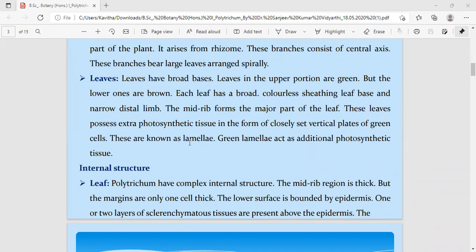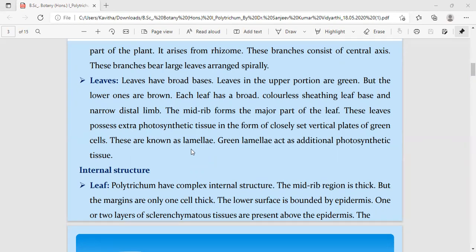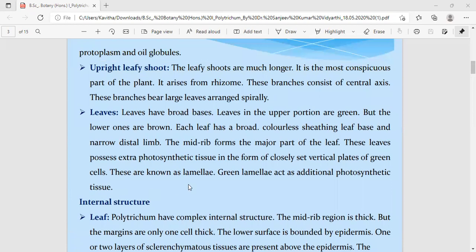And these leaves are considered as the lamellae, or we can also call them phylloids. Leaf-like structures, they are not exactly the leaf. They are leaf-like structures performing the photosynthesis. So they are considered as the lamellae or phylloids.